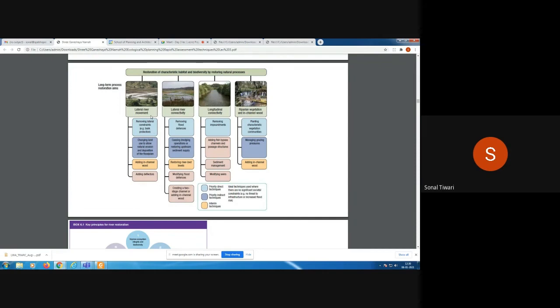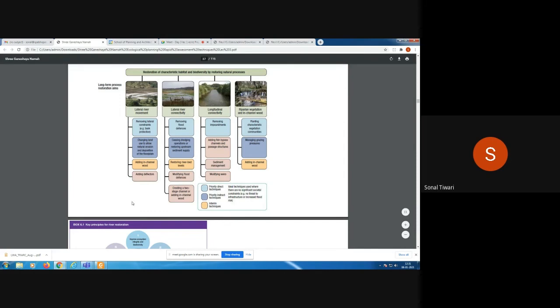So we can plan for lateral river connectivity, longitudinal connectivity, and in-channel riparian restoration, allowing lots of islands, deadwood, detritus, and conserving the sandbars, point bars, etc. Different sets of measures can be taken for each of these four objectives.